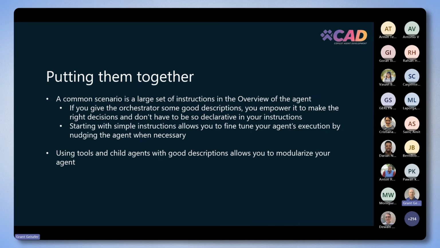The other thing that we want to highlight too is the use of tools and child agents with good descriptions really allows you to modularize your agent. So if you think about maintenance of your agent, for example, if you have the ability to break pieces of the agent up into, say, child agents or these tools, and it's not just in one big instruction set.